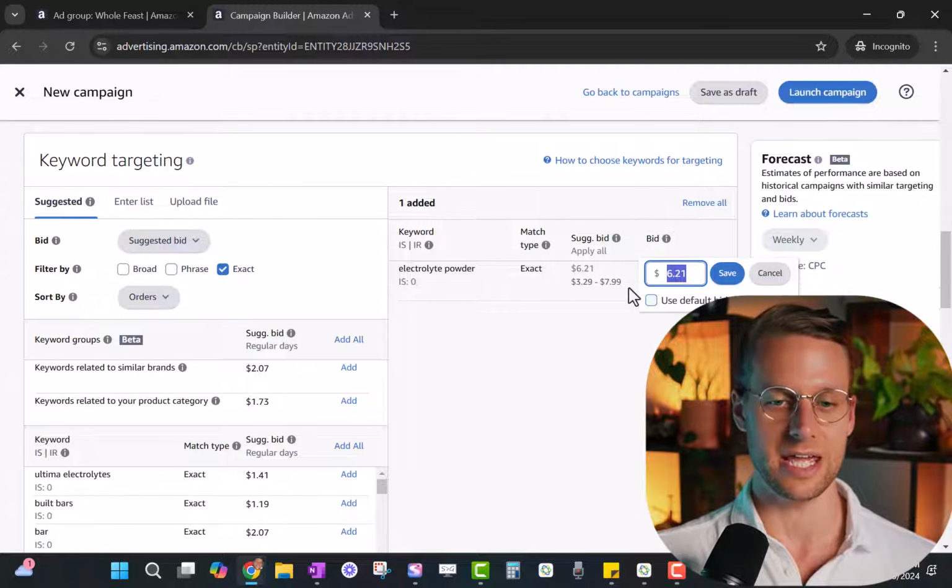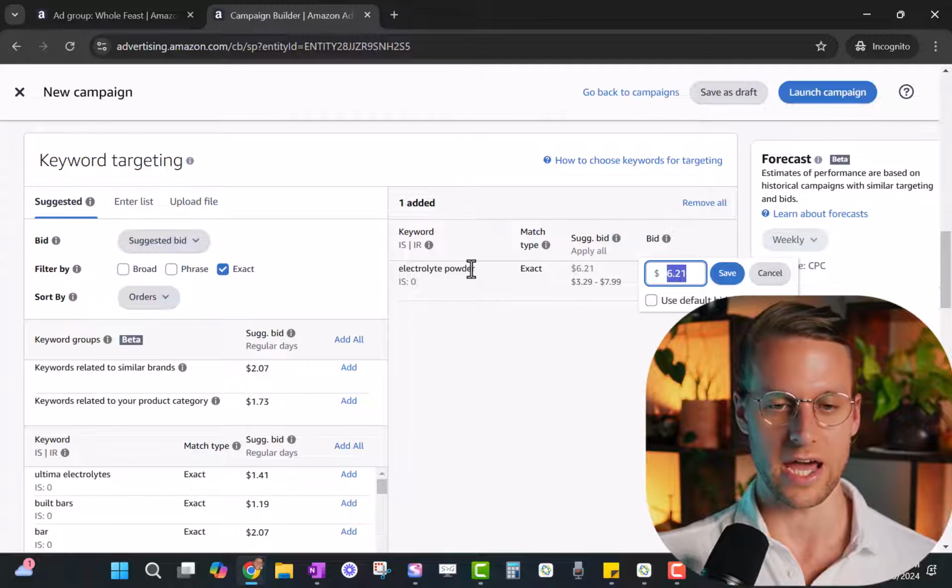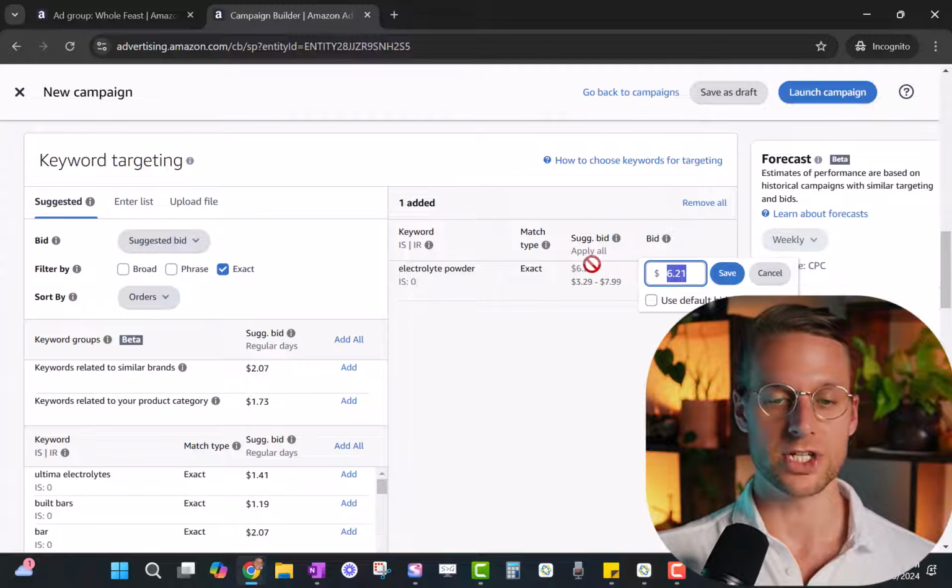That is not the same as the suggested bid. That's literally just random. It's not associated with the competitiveness of the category whatsoever. But the suggested bid, although it is correlated with the competitiveness of the category, it's not usually the right bid to use. But there is a formula that allows you to very easily calculate what bid to start with.